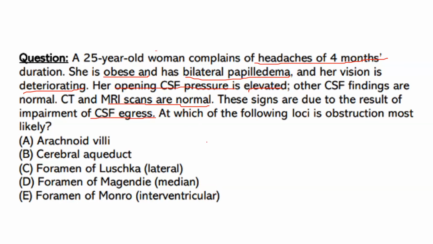So she can't reabsorb CSF. Where's the obstruction? You're not really expecting a non-communicating hydrocephalus, since we have problems with CSF egress. So it's not going to be B, C, D, or E. In this case, the answer will be A, the arachnoid villi.